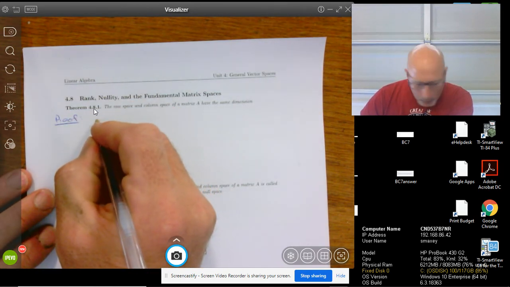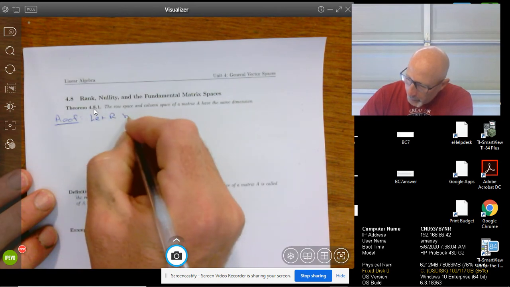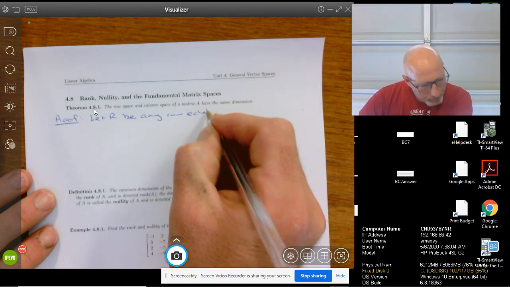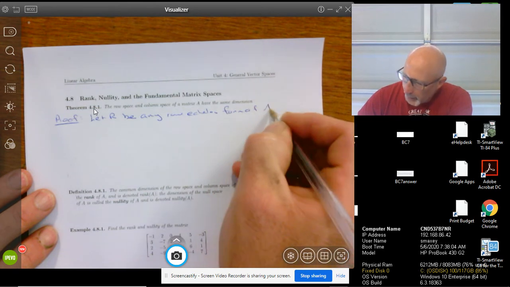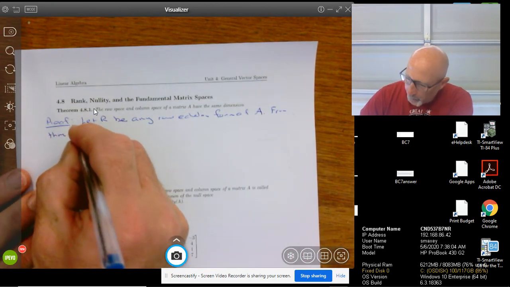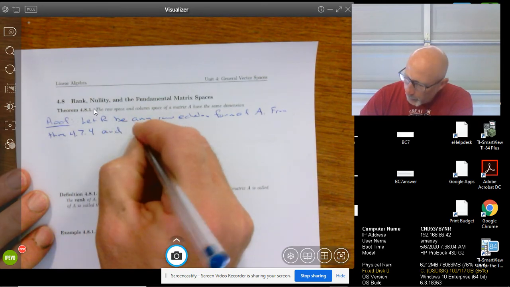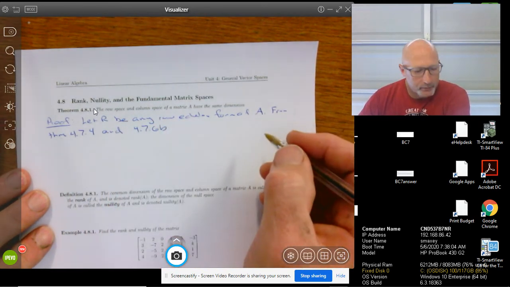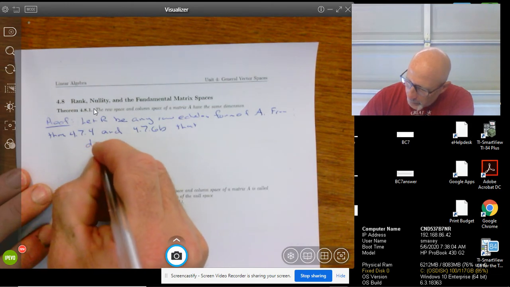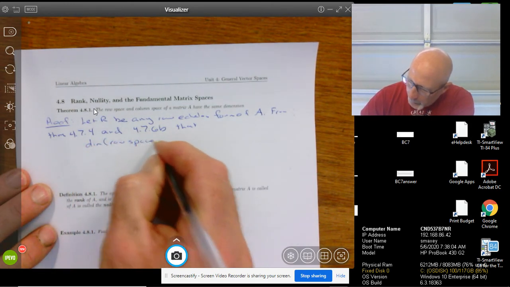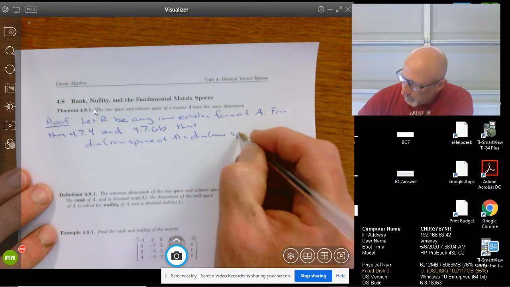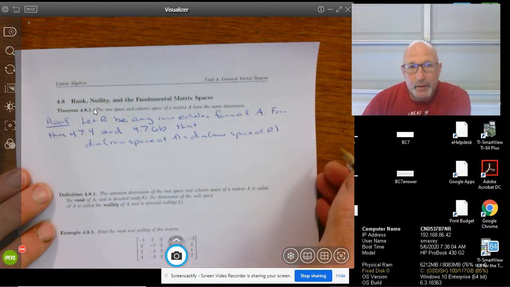Okay, so we're going to let R be any row echelon form of A. From theorem 4.7.4 and 4.7.6b, and I'll let you go back and look that up, pause the video, I know that the dimension of the row space of A is equal to the dimension of the row space of R, the row echelon form of it.